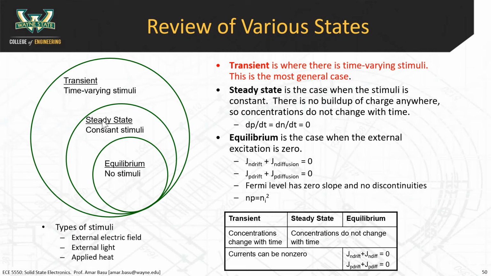All right. So in the transient case, the carrier concentrations can change with time and the currents can be non-zero. The difference between transient and steady state is that at steady state, the carrier concentrations don't change with time. But when we say we inject the current, we inject it internally, so it already exists.